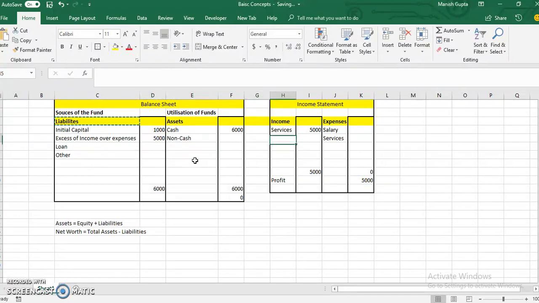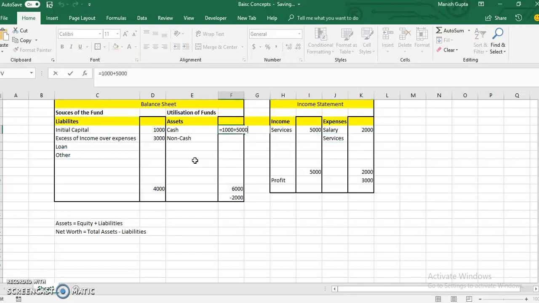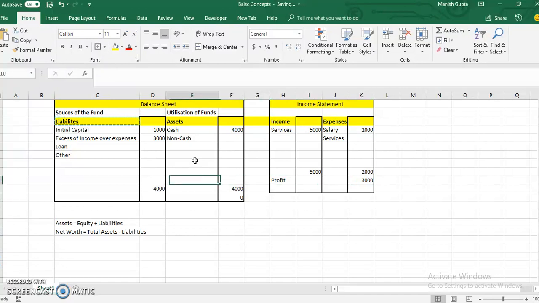To provide these services, we had to pay salaries, right? We have to hire some employees. So let's say we paid $2,000 to our employees, in cash. So we minus cash, which means we are left with $4,000. We are paying $2,000 salary. Now you can see we have earned a profit of $3,000 so far, where we initially invested $1,000. We earned $3,000, so in total we have $4,000, all of which we have in cash.